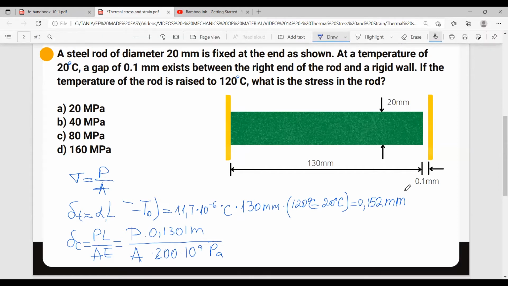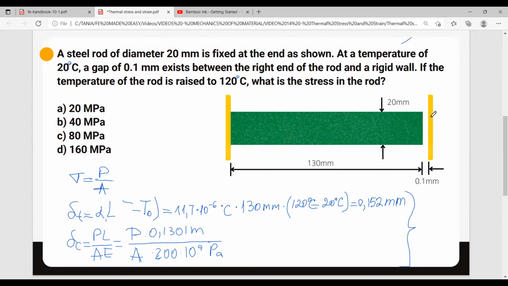Okay, so given these two equations here, let's talk again about what's happening with the rod so we can finish our equation. The rod will deform until it reaches the wall due to thermal deformation, due to the temperature. And once it reaches the wall, deformation will occur in the opposite direction due to the wall acting on the rod as a compression load.